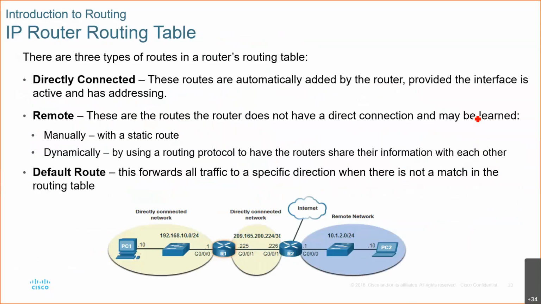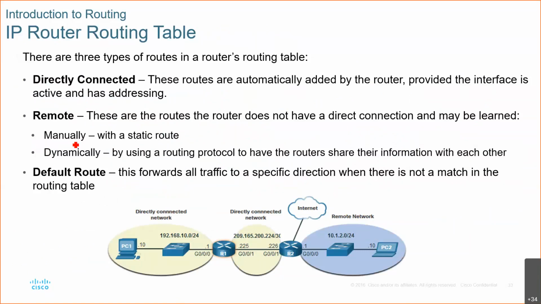When you're sending data, there are 3 types of routes it can take. Either it's directly connected. These routes are automatically added by the router, provided the interface is active and has addressing.